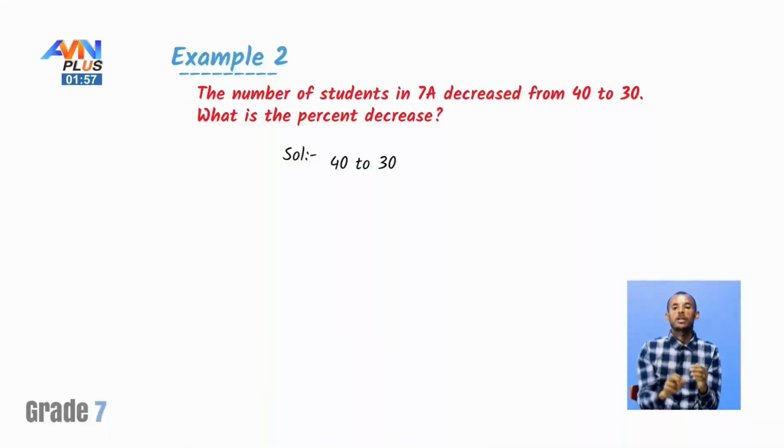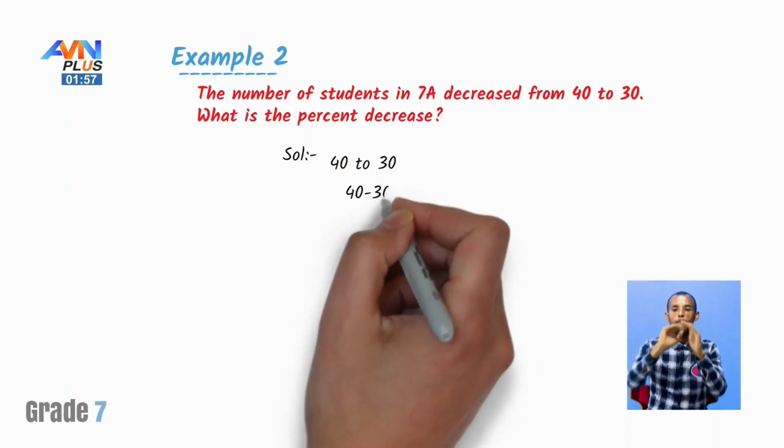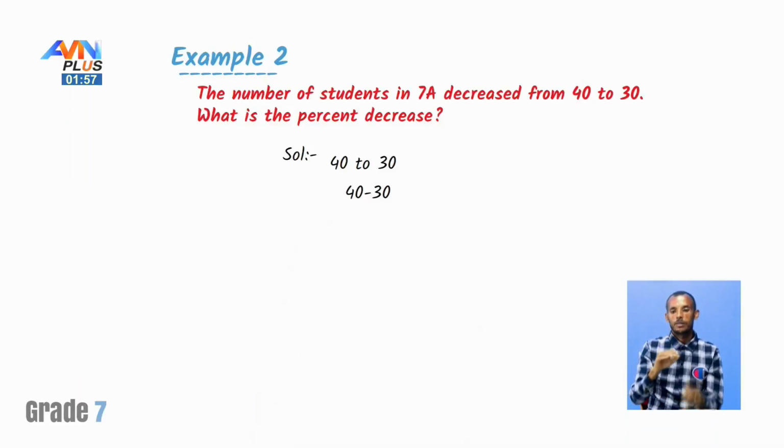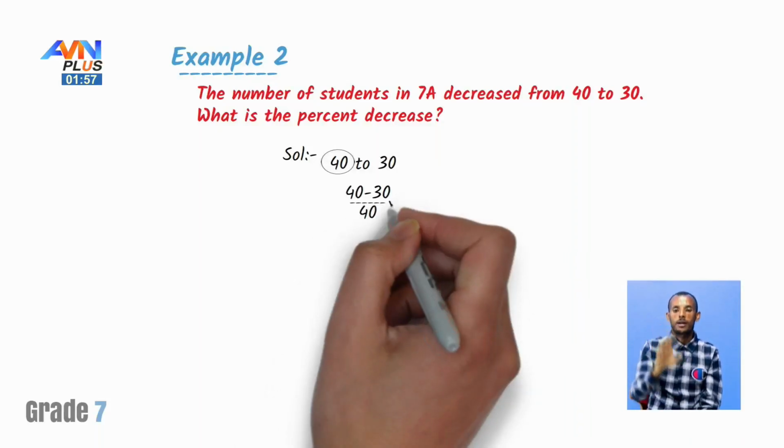So the decreased amount is 40 minus 30, and then you divide by the original quantity, 40, and finally multiply by 100%.